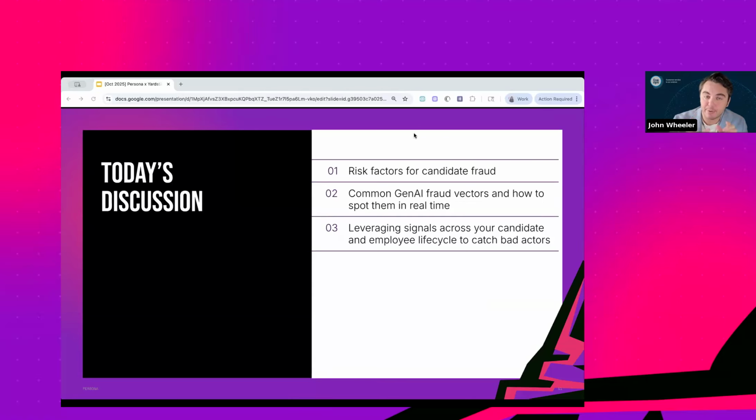But it's also about considering friction. So you don't want somebody every time they're signing in to have to do a liveness check and tap their ID. Persona might like that, but the folks who have to log in every single day may not. And so it's about having risk factors that accumulate into scores.